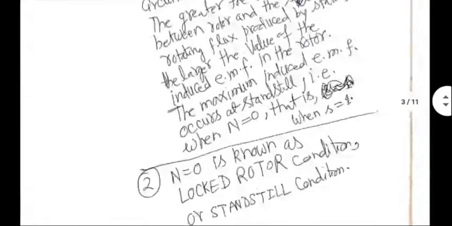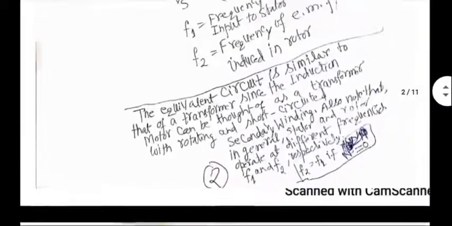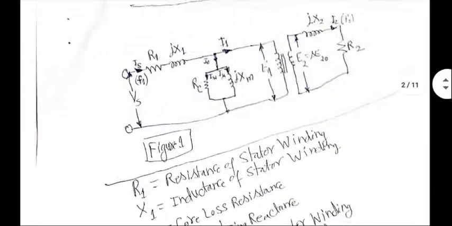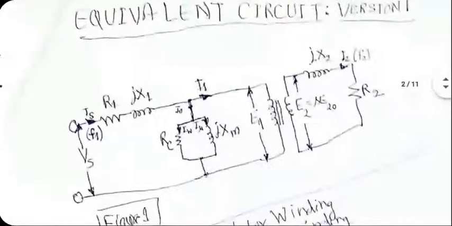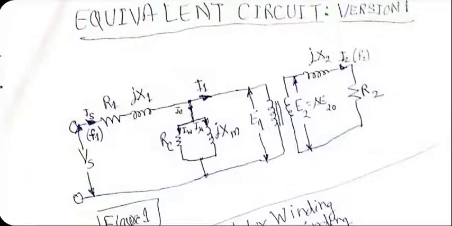Okay, so try to understand the equivalent circuit once again. Its application is going to be quite important for us. Essentially, this is what we will be using to make all the calculations in the three-phase induction motor. The variable frequency on the rotor side has to be kept in mind.